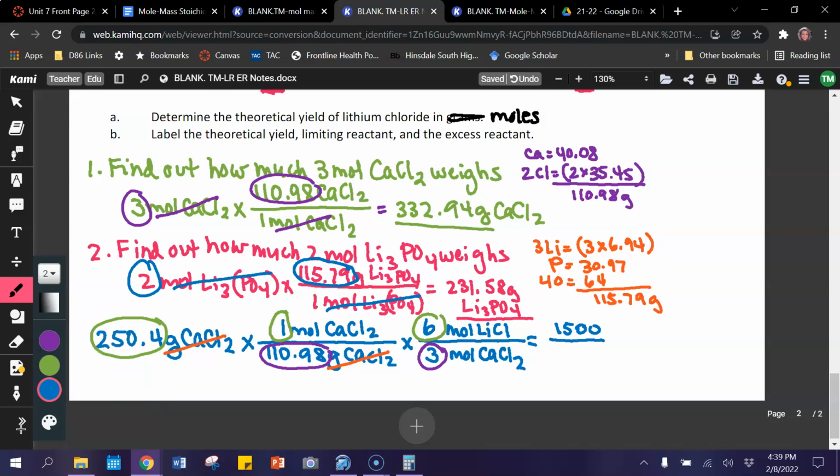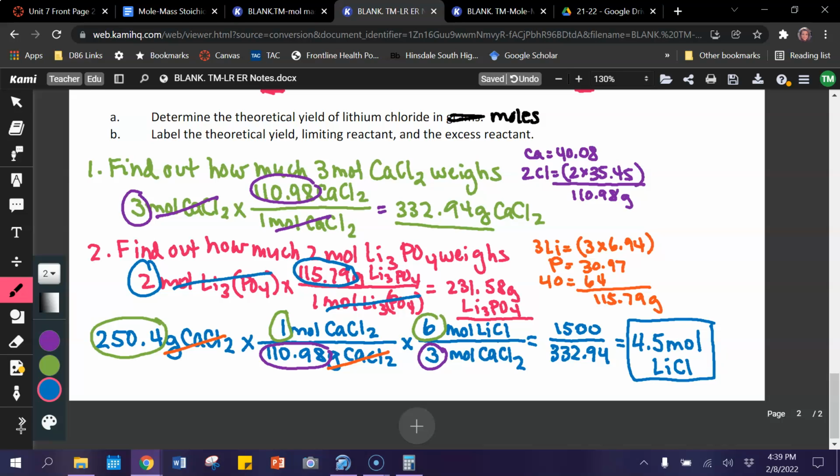And when I do that, I get 332.94. So in my calculator, when I perform this operation, I need to punch in 1,500 divided by 332.94. And when I do, I get the number 4.5 moles of lithium chloride. And that is my answer.